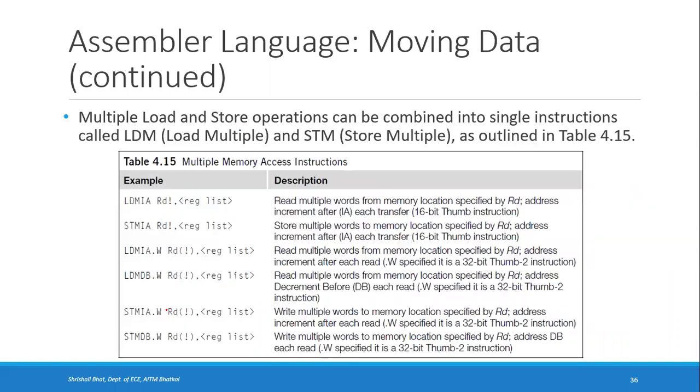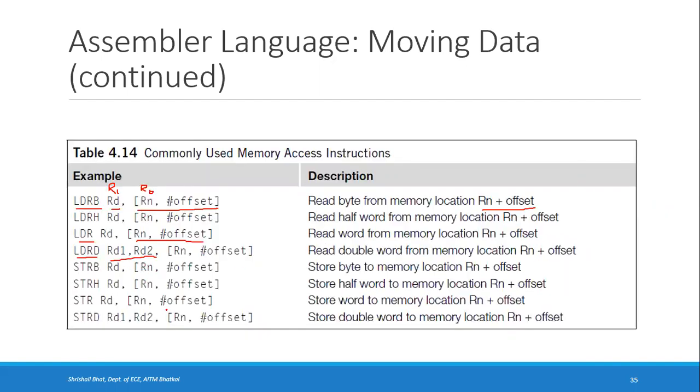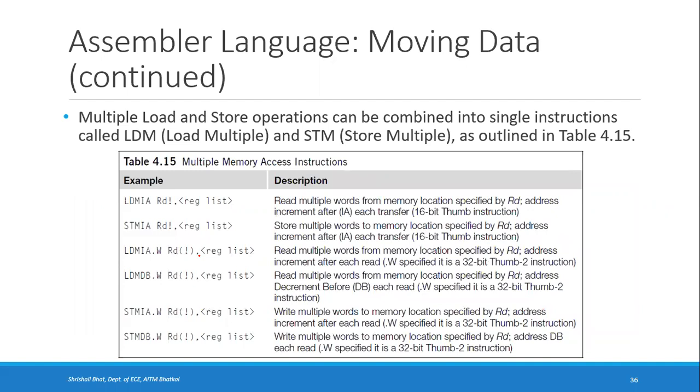Apart from these simple load and store for a single byte, they can also have multiple load and store operations. As we have seen in the list of instructions, we call them load multiple and store multiple. LDM stands for load multiple, STM stands for store multiple. That means multiple bytes you are loading or storing. There are different ways of performing these operations.